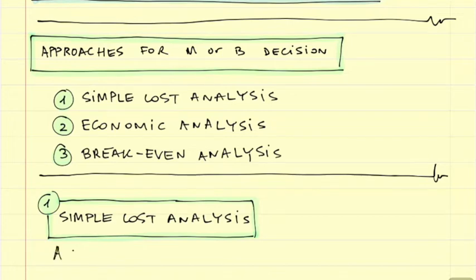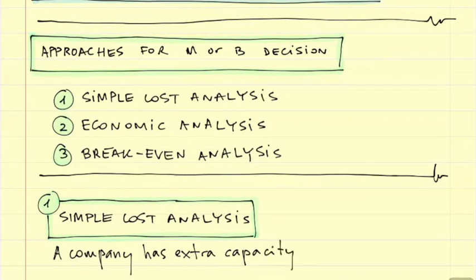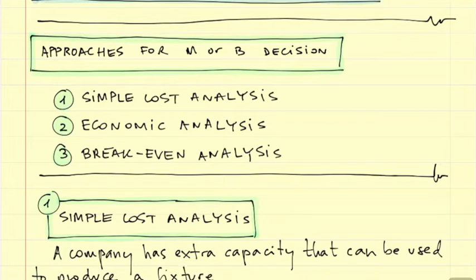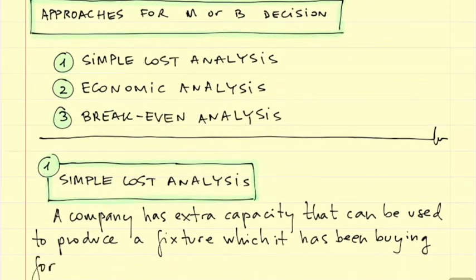Imagine a company has extra capacity that can be used to produce a fixture which it has been buying for €900 each.